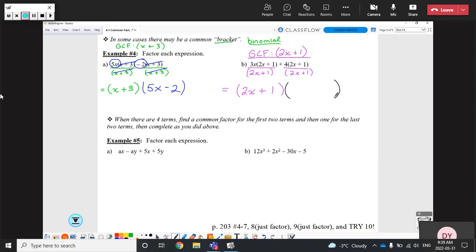So the 2x plus 1 will cancel with the other 2x plus 1, because anything divided by itself is 1. So they cancel each other out, and what we're left with over here is just a 3x. And for the second term, anything divided by itself is 1, so they cancel like that, and all we're left with is a positive 4.